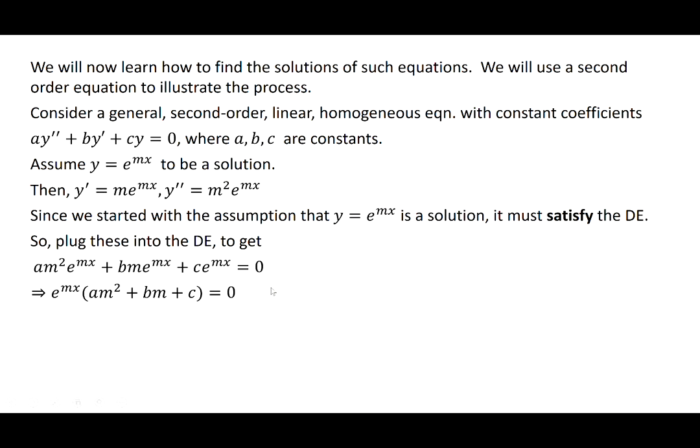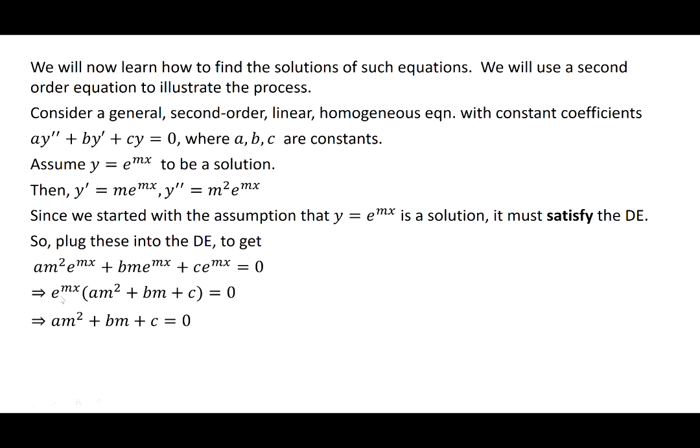All right. So after this, can I say this implies am squared plus bm plus c equal to 0? Can I do that? What I'm asking is, is it not the case that if a times b is equal to 0, then either a equals 0 or b equals 0?